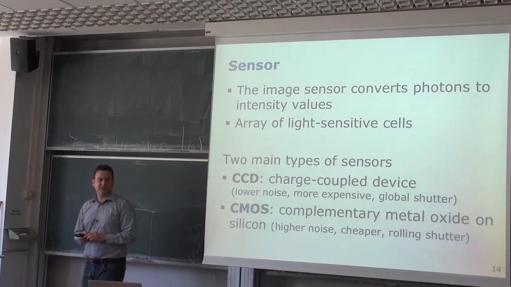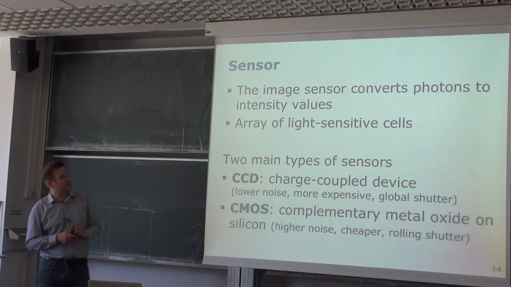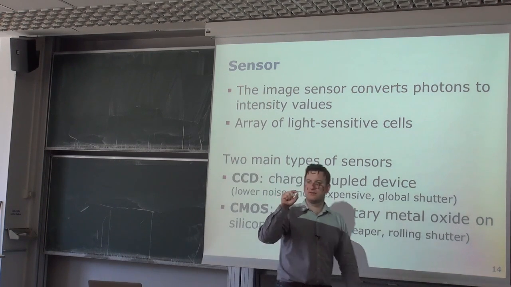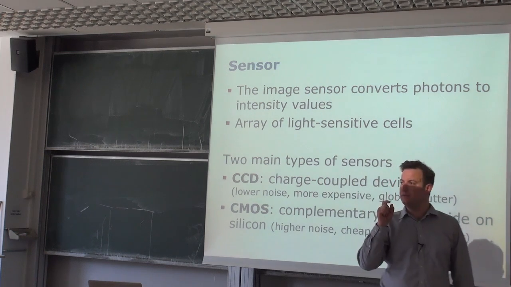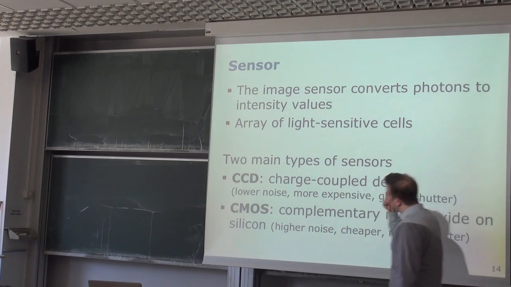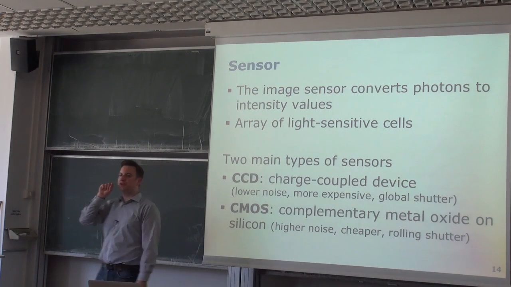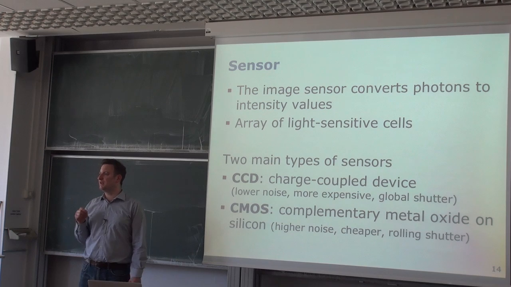In terms of the sensor that we are considering, it is an array of small cells, and every cell typically corresponds to a pixel. Every one of those cells measures the light intensity in a given time interval.